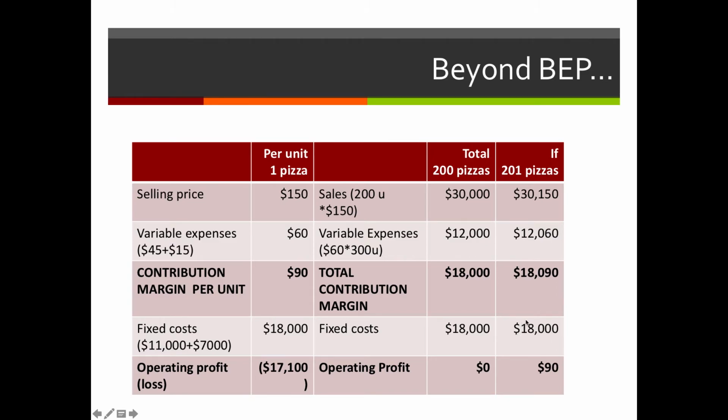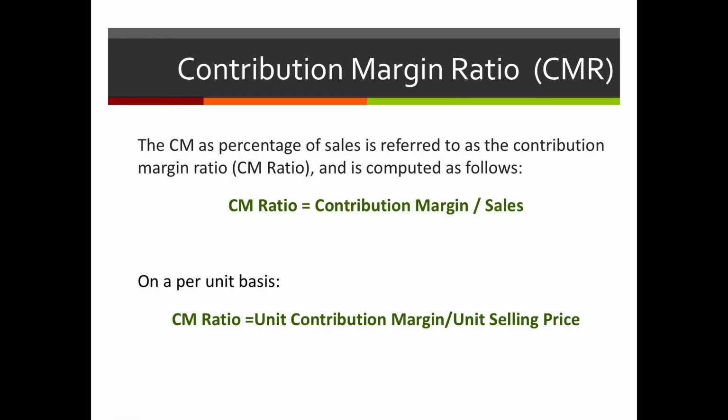This is the behavior of the fixed cost: you won't pay more rent or more salary to a chef if you sell an additional pizza. So the operating profit will be 90 instead of 0. If you sell one more pizza, it will be 90 times 2, and you may continue in that way.